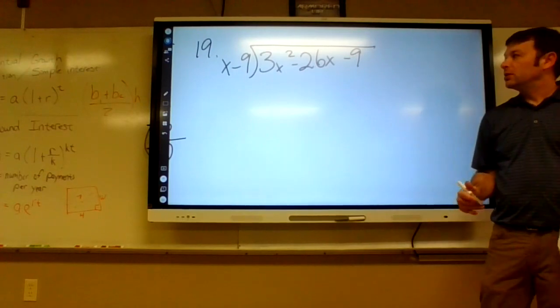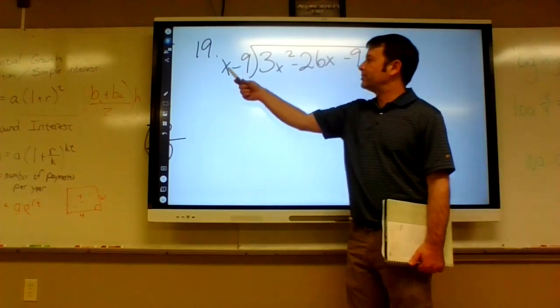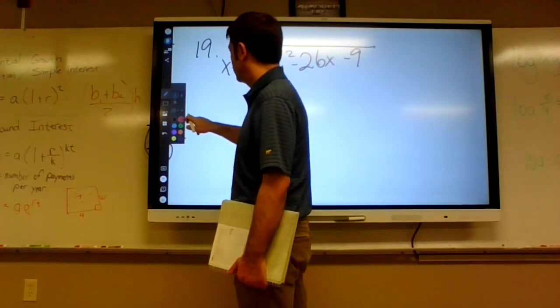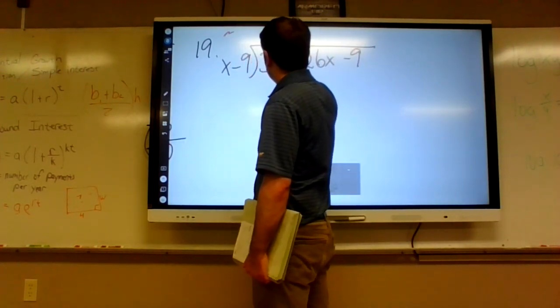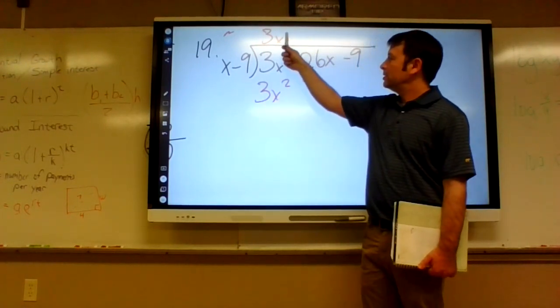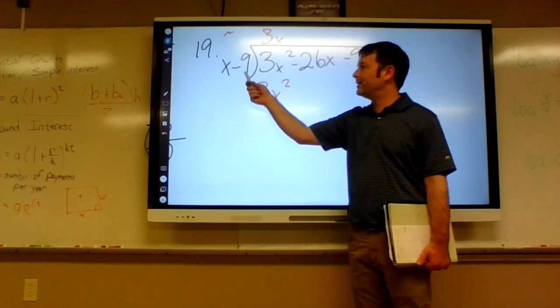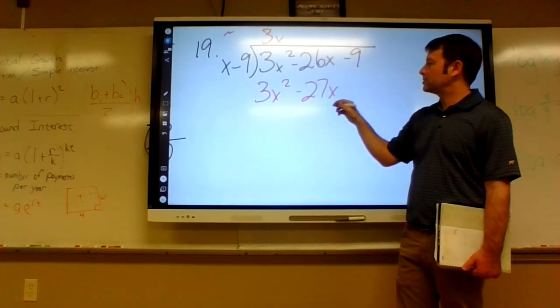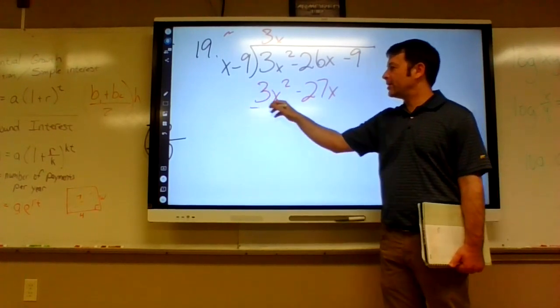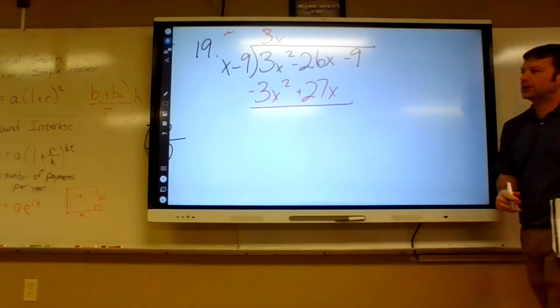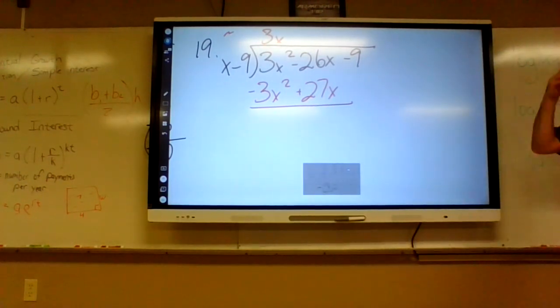Yeah, x times what equals 3x squared? 3x. Let's change colors. 3x times x is 3x squared. 3x times minus 9 is minus 27x. But we're subtracting the bottom line, so that's going to become a plus 27x. What's negative 26x plus 27x?